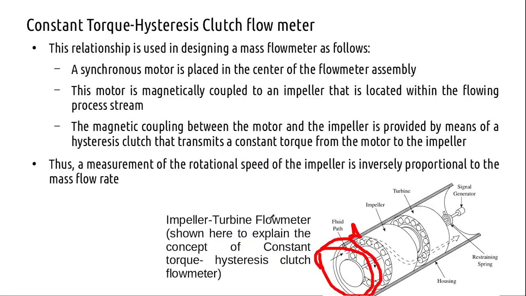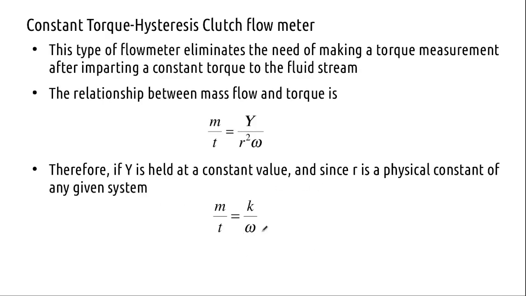Coming back to this, the torque is constant, so Y is going to be constant. So the rotational speed is inversely proportional to the mass flow rate, right? This relationship.